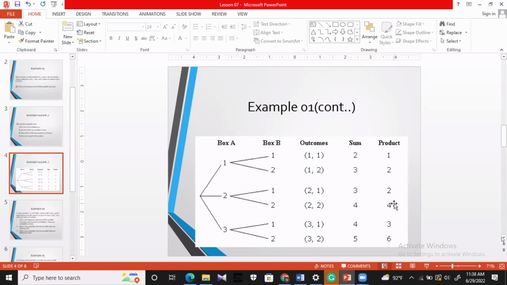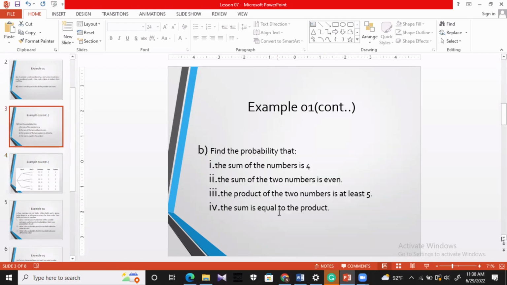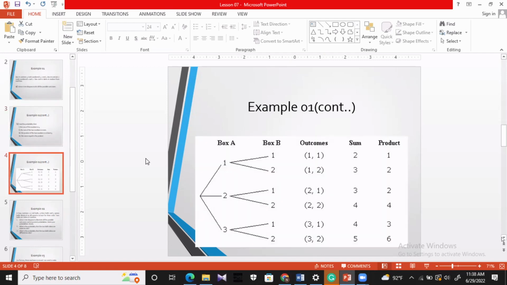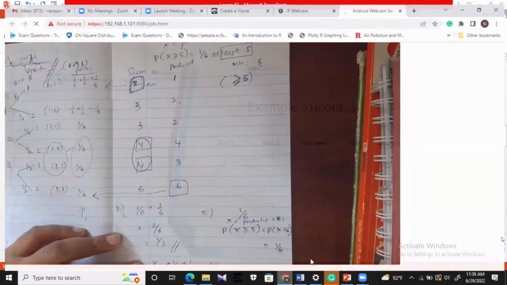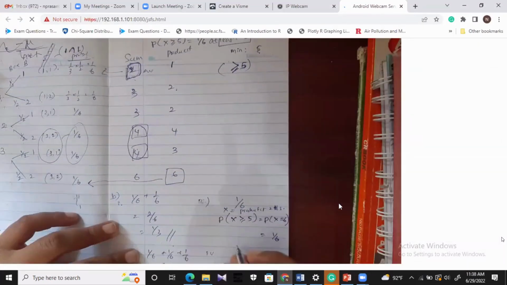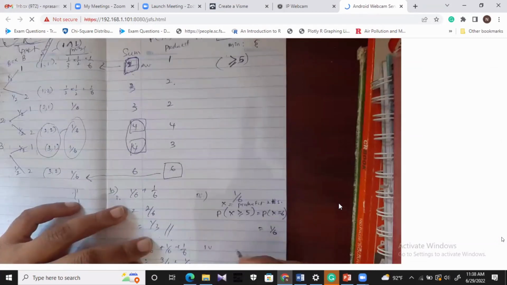Sum and product are same. Here, not the same, not equal. 5 and 6 not equal. Therefore, only the pair 2, 2 satisfies that condition. Therefore, the probability that the sum is equal to the product is 1/6 for the pair 2, 2. Understand? So that probability can be written as 1/6.